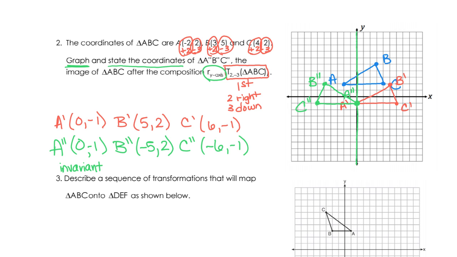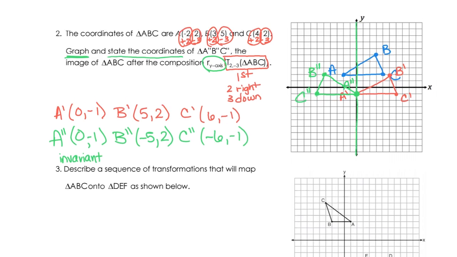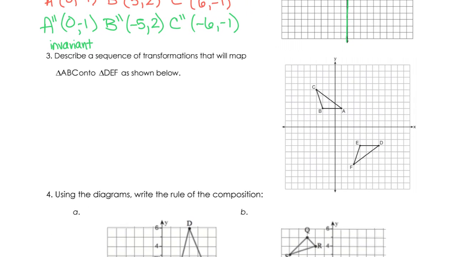All right, let's try number 3. It says describe a sequence of transformations that will map triangle ABC onto triangle DEF as shown below. All right, so we want to start with triangle ABC and we want to get it onto triangle DEF.